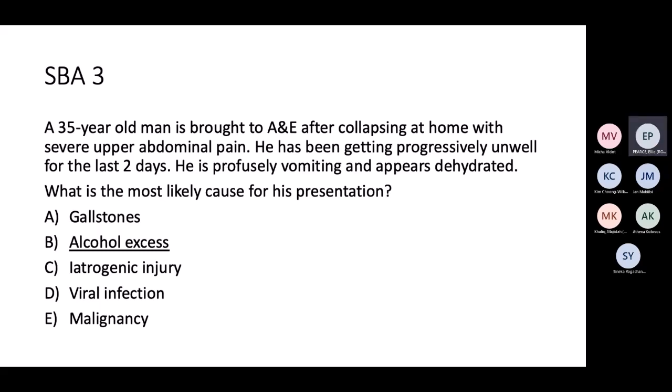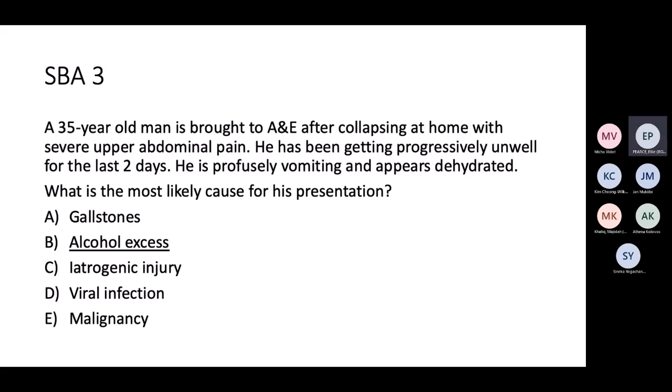The reason we're swaying in this case, so this is a pancreatitis presentation, but it could easily be a viral gastroenteritis. The only thing that would lean more towards pancreatitis in this case is that the guy has come in after collapsing at home, and he's just vomiting constantly, which, yes, I guess you could get a collapse with a viral gastroenteritis, but it's unusual to be collapsing unwell with that.